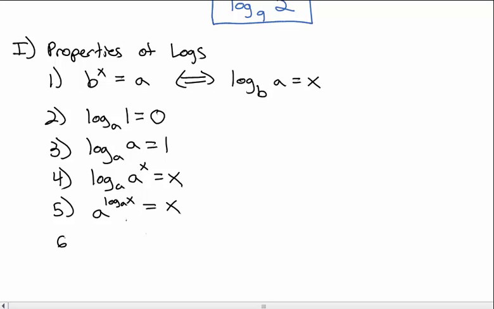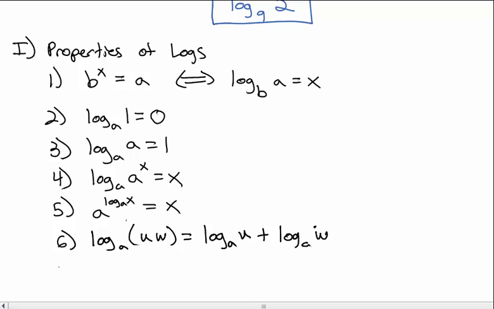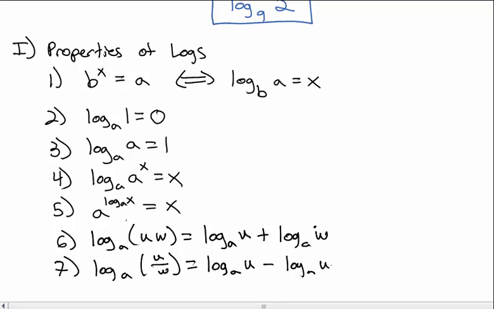After 5 comes 6. We said that the log base anything of a product is equal to the log of the first one plus the log of the second one. Similarly, the log base anything of a quotient is equal to the log of the first one minus the log of the second one.